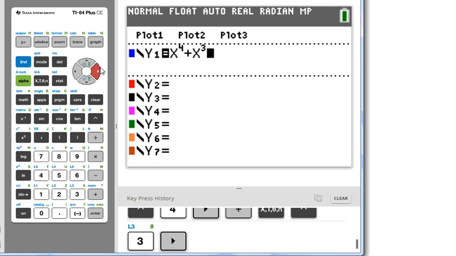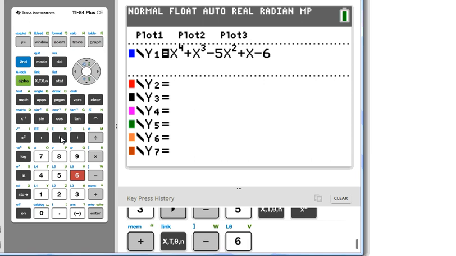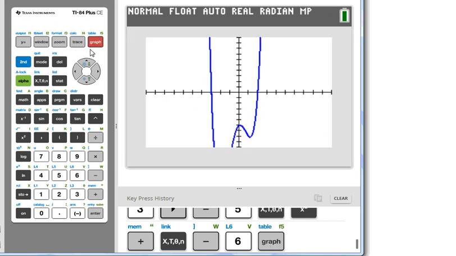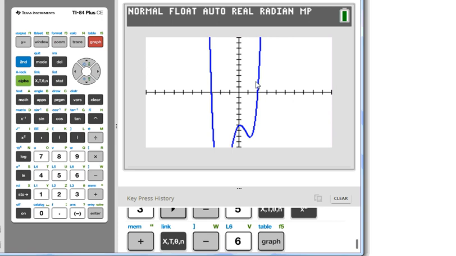And then we have minus 5x squared plus x minus 6. Graph. I'm seeing two real zeros at x equals -3 and x equals 2.